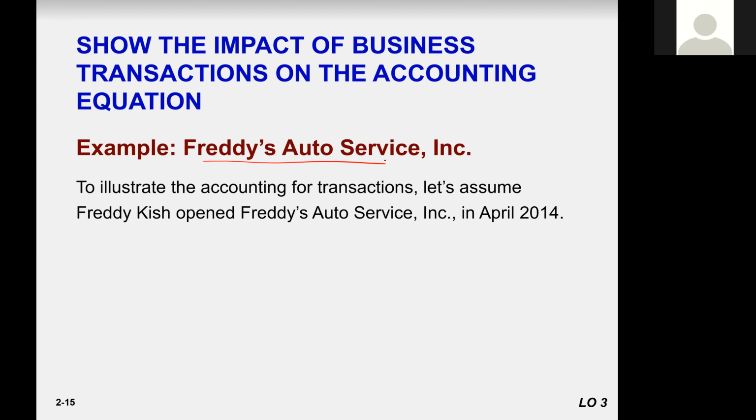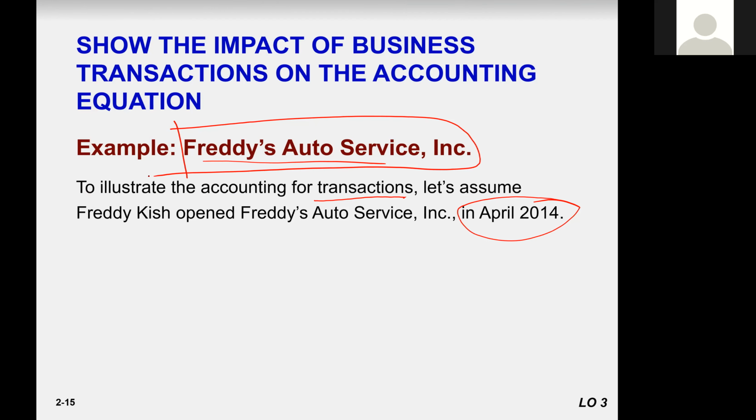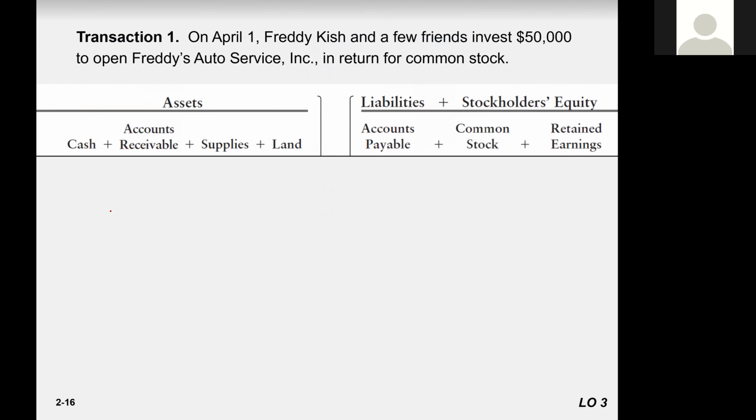The scenario is to illustrate the accounting for transactions. Let's assume Freddy Krish opened Freddy's Auto Service Incorporation in 2014. So we have the company name, Freddy's Auto Service Incorporation, and its owner name, Freddy Krish.